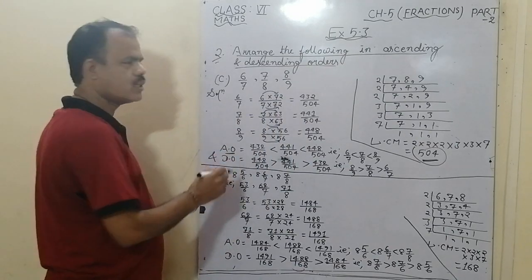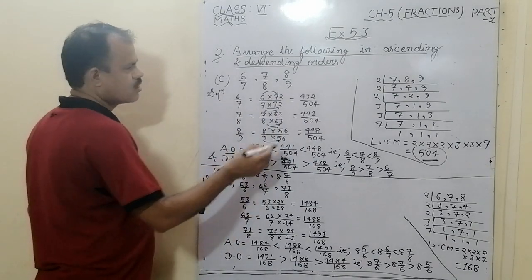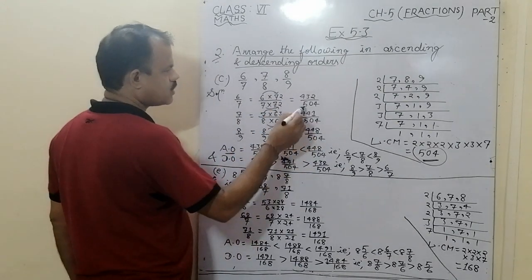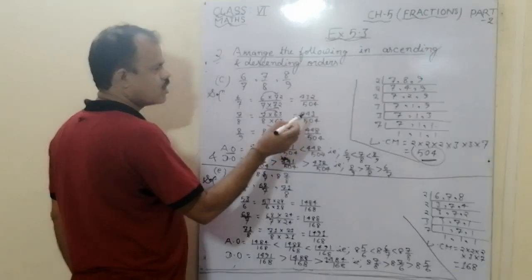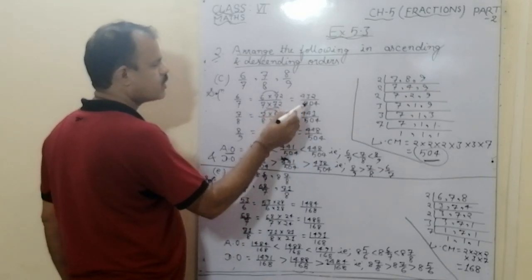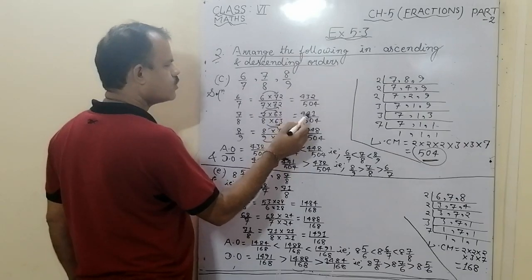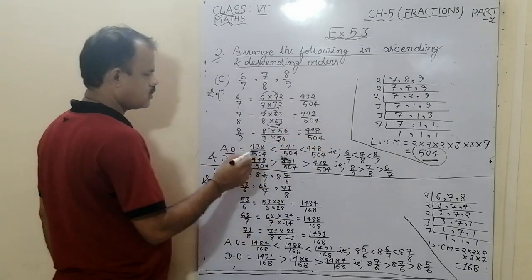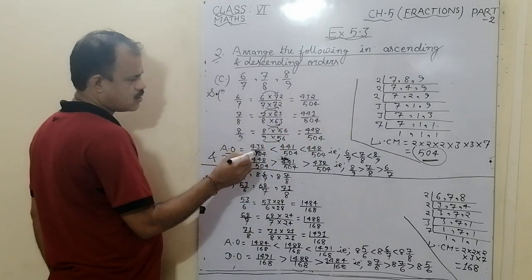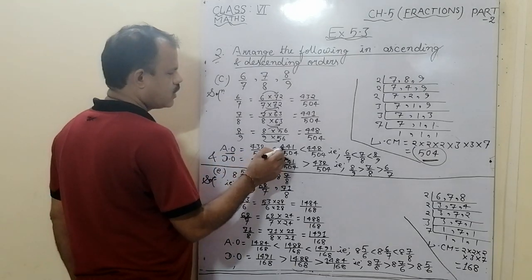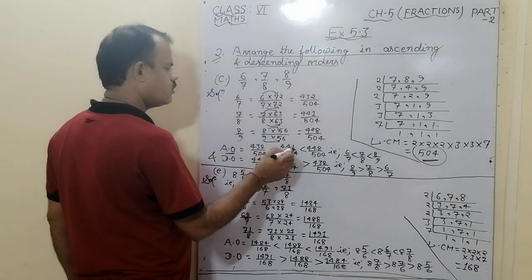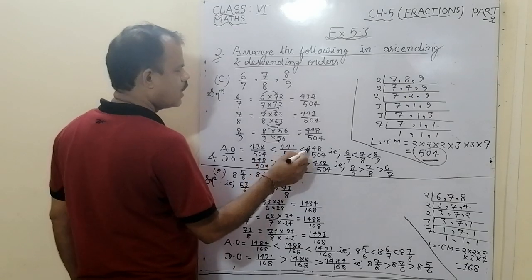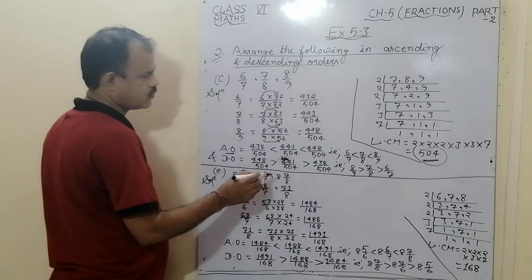Now ascending order is smallest to greatest. So see here, what is the smallest number? All denominators are the same. So look here, numerators 432, 441, 448. So first we write 432 by 504, and next 441 by 504, and 448 by 504.